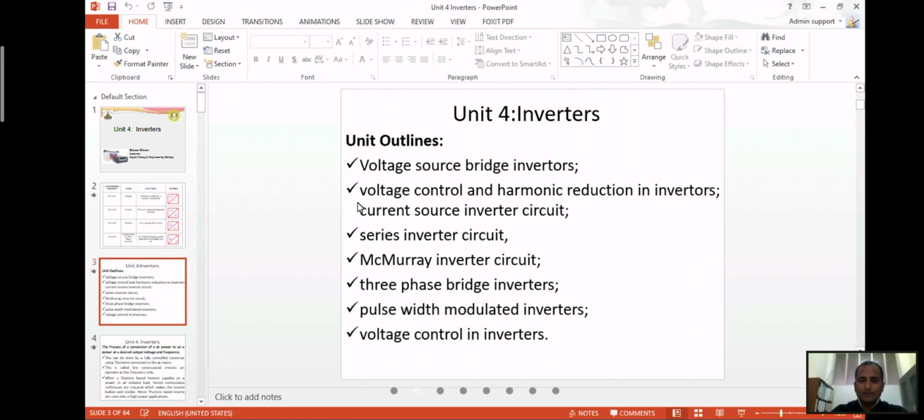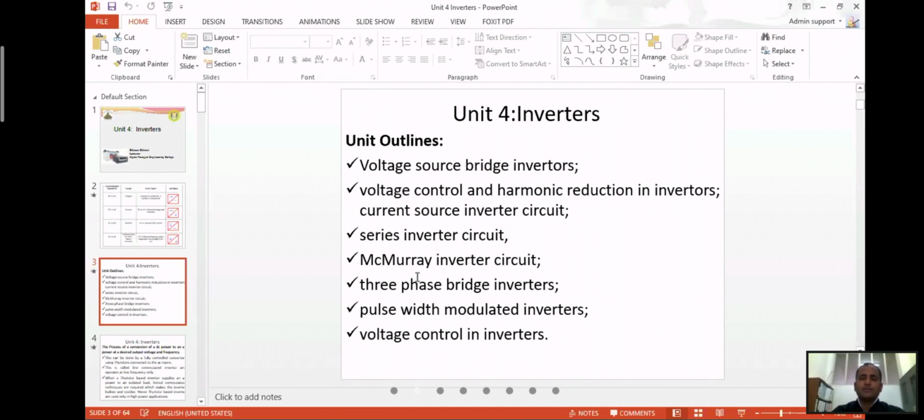In unit 4, we'll see voltage source bridge inverters, voltage control and harmonic reduction in inverters. When we are talking about converting DC into AC, or any conversion from one form to another, there will be a generation of harmonics, which are unwanted signals.